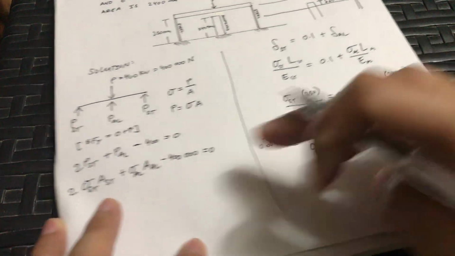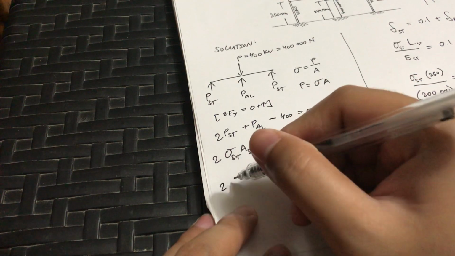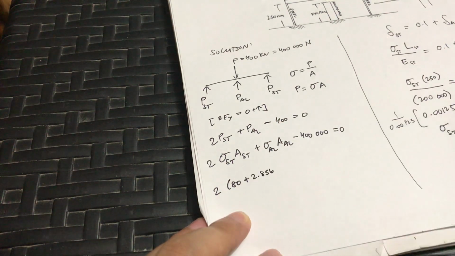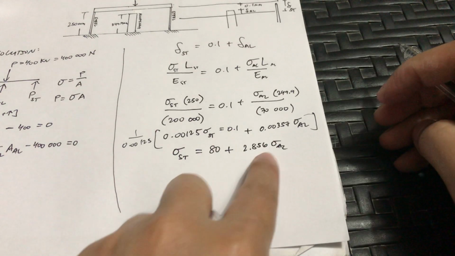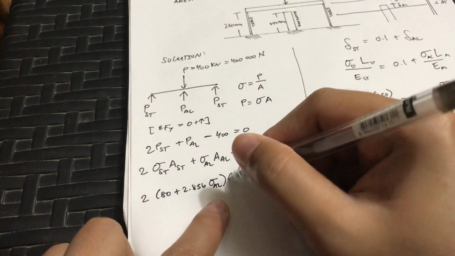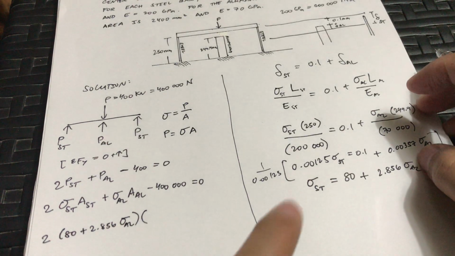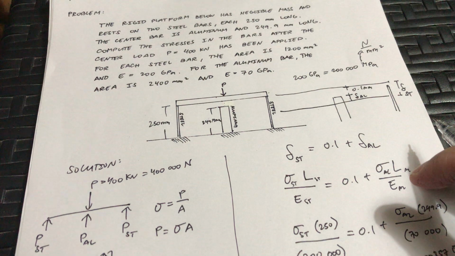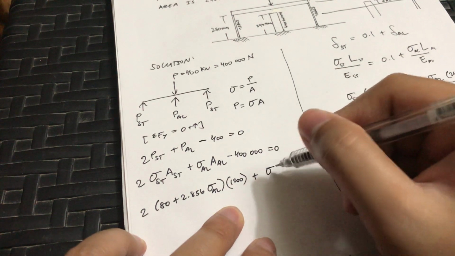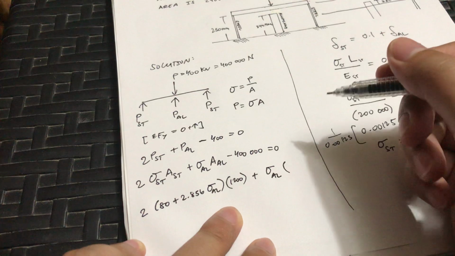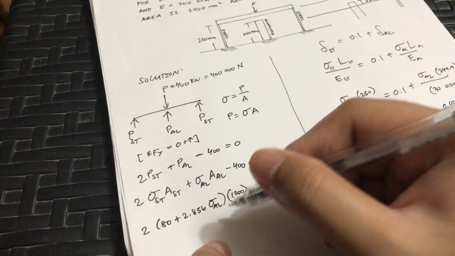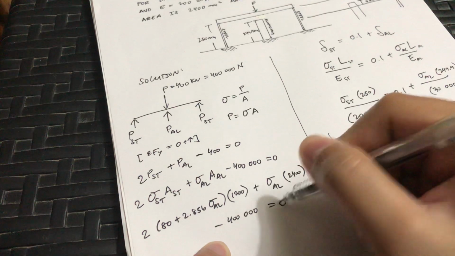Okay, substitute this value over here, we'd get 2 times the stress of steel, which is 80 plus 2.856 stress of the aluminum, times the area of the steel, which is 1,200, plus the stress in the aluminum times the area of the aluminum, which is 2,400, then minus 400,000 equals 0.